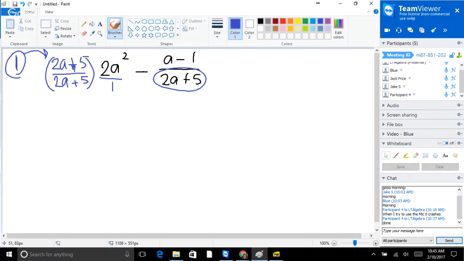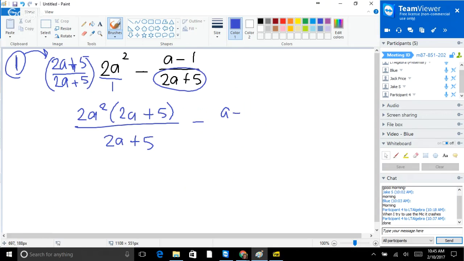Okay, so then I need to write this out. So I've got 2a squared times (2a plus 5) over (2a plus 5), minus (a minus 1) over (2a plus 5). All right, so first, you can decide whatever you want to do first.